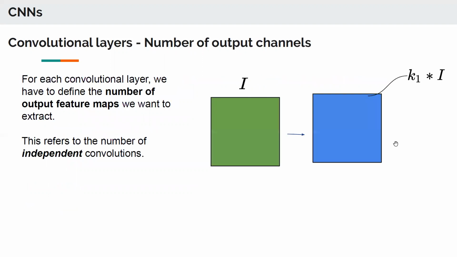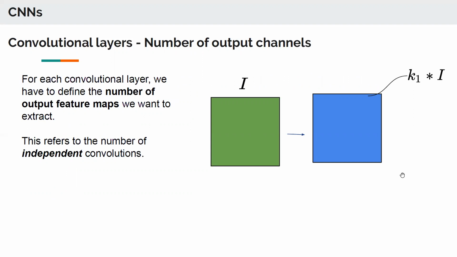So number of output channels is basically the number of independent convolution kernels that we apply to the input. So far we have always been looking at the case where we had just one convolution operator. So we had an input which was one channel, and then we applied one convolution kernel to it, and we ended up getting one output at the end.